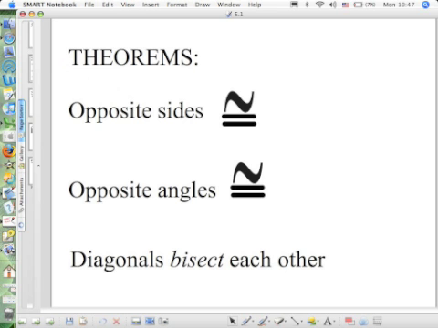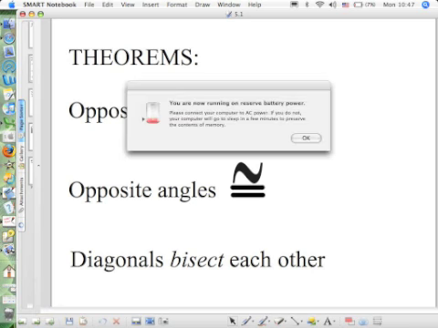The first one says this, that opposite sides of a parallelogram are also congruent. Not only are they parallel, they're also congruent. So if we're given the information that we have a parallelogram, we automatically know that the opposite sides are parallel and congruent.